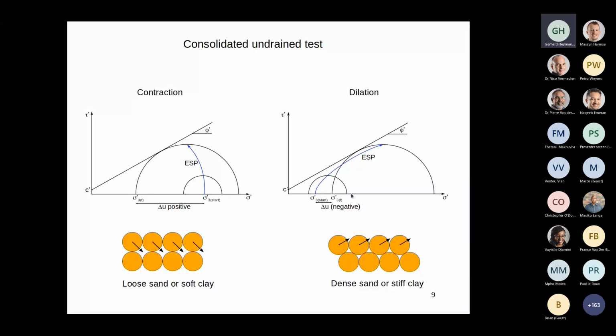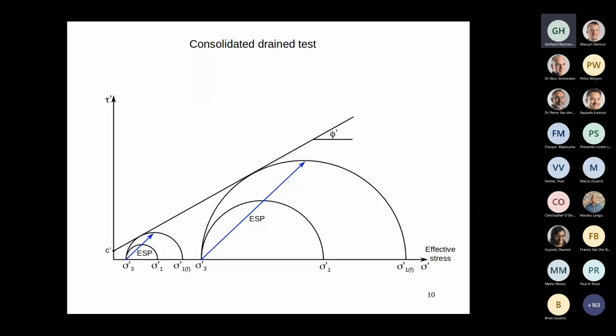Looking at the direction of a stress path, that's not the only thing. We often look at other things like phase transformation and other things, but I'm not going to go into too much detail today. All I'm saying is there is a lot more information in a consolidated undrained test than in a consolidated drained test. In the drained test, that's all you're going to get: a line going at 45 degrees. But that's not the full story.